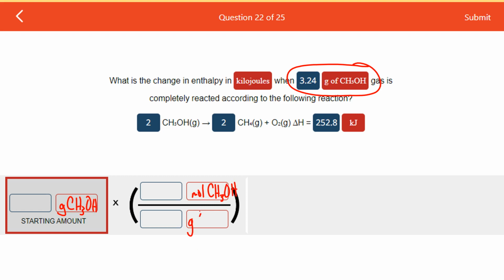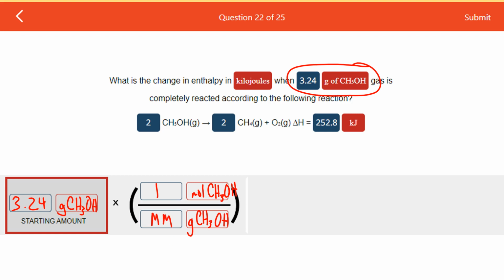So that means grams of CH3OH for every 1 mole. And then I would drop that 3.24 here. What I'm not looking for the specific number, but what do we call the number that we're putting down here? So I'm putting the molar mass of CH3OH there.